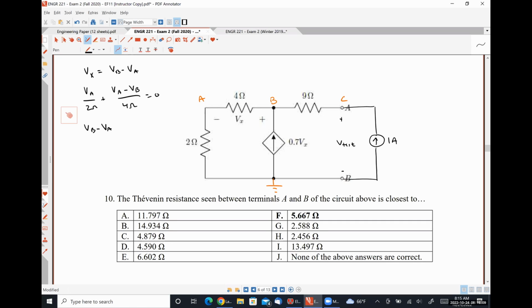Vb minus Va over 4 minus 0.7 Vx plus Vb minus Vc over 9 equal to 0. Vc minus Vb over 9 minus 1 equal to 0. And then R Thevenin is Vc over 1 amp.